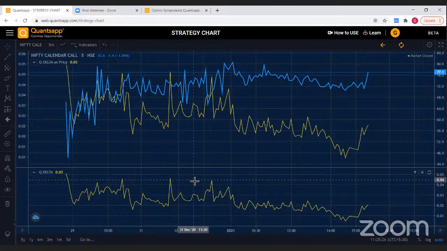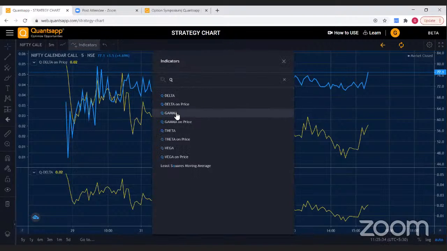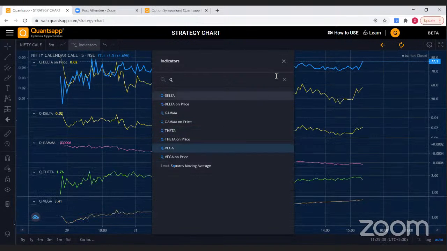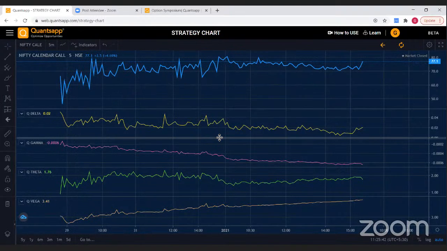Then you can see all the option Greeks: delta, gamma, I can add theta, vega. You can add all of them in one go for any of your custom strategy.